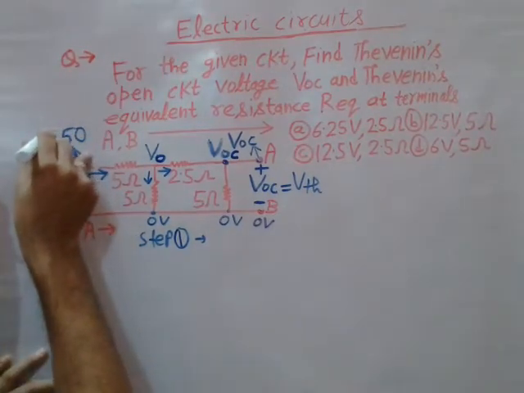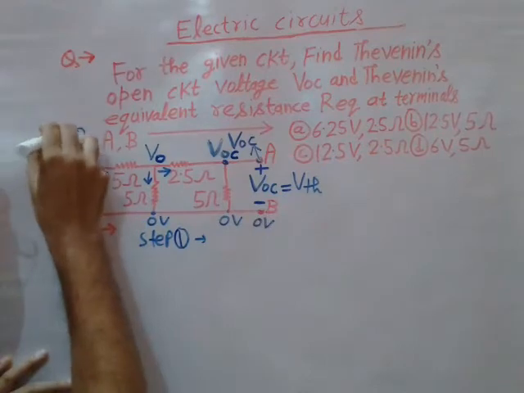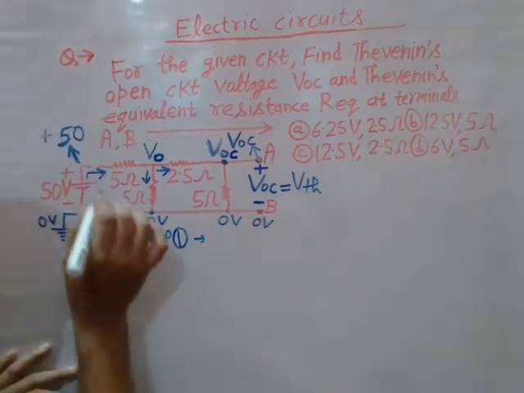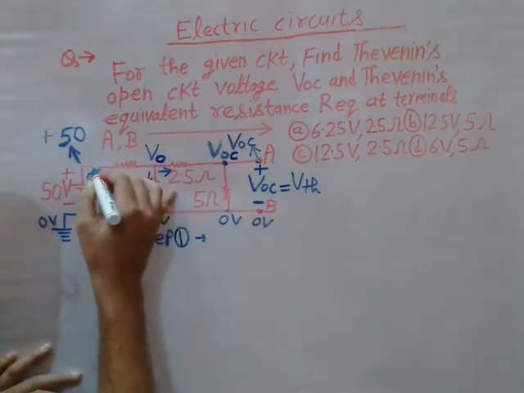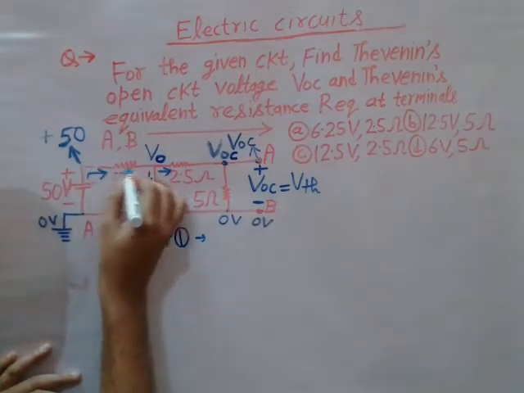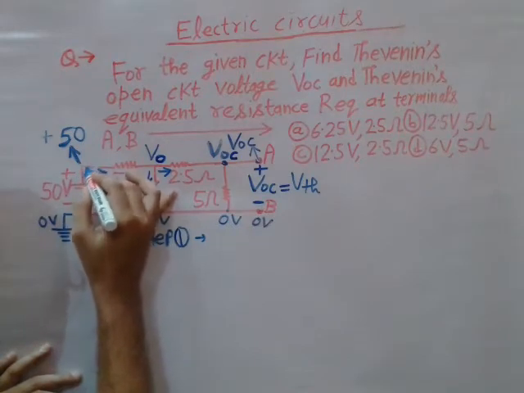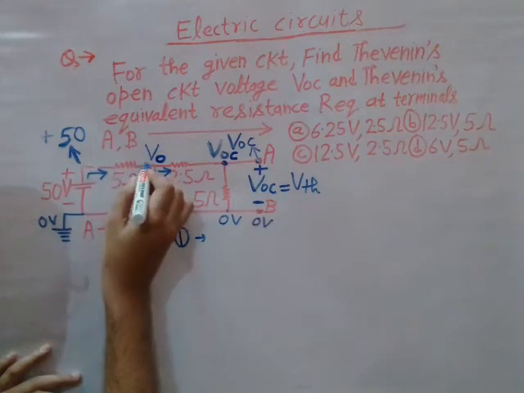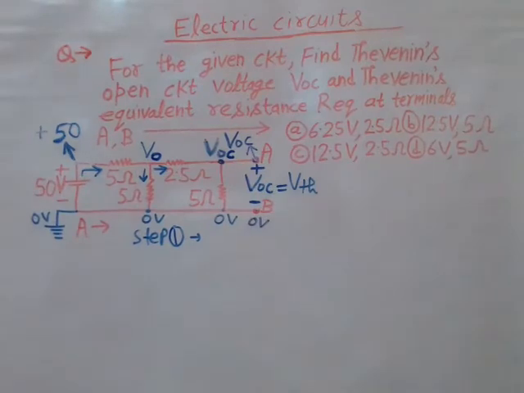So now I'm going to apply Kirchhoff's current law. When you apply Kirchhoff's current law, just apply Ohm's law. This current is nothing but the voltage difference: the potential of this node is 50, the potential of this node is V naught, and the resistance in between is 5 ohm.